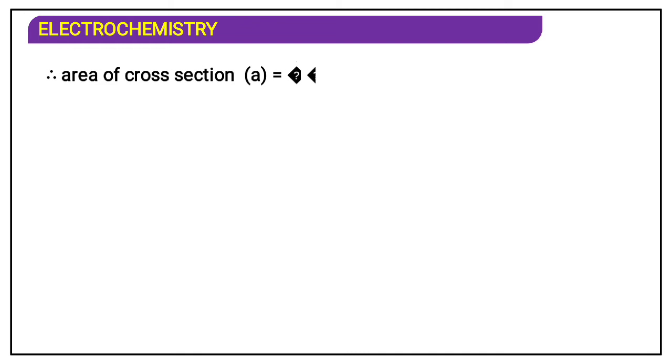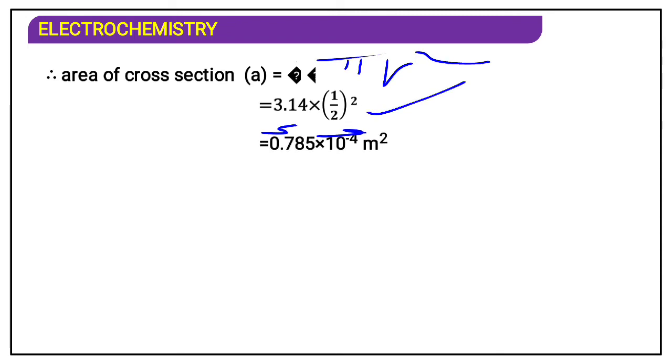The area of cross section formula is pi r square, where pi value is 3.14 and r we have to square. Then it becomes 0.785 into 10 to the power of minus 4 meter square. So this is the value of the area of cross section.